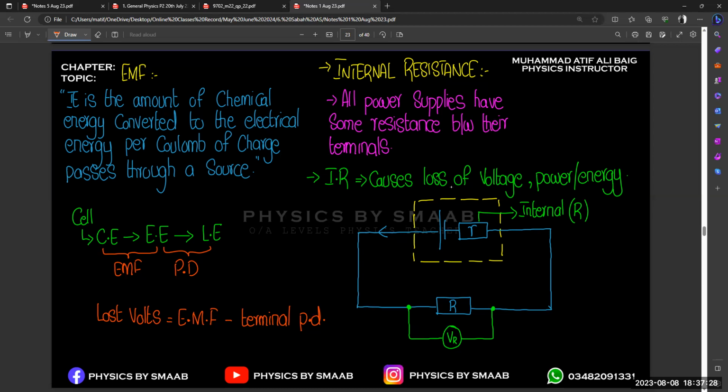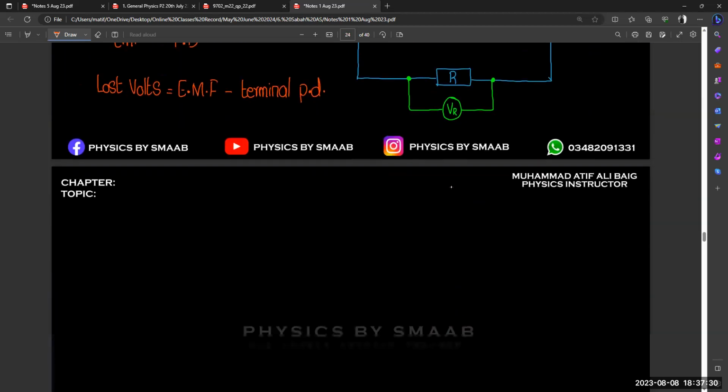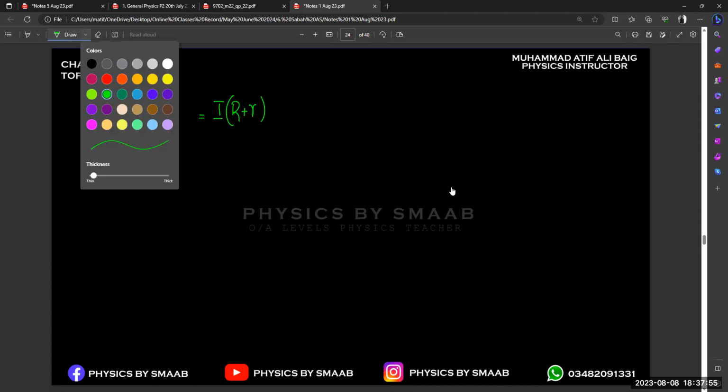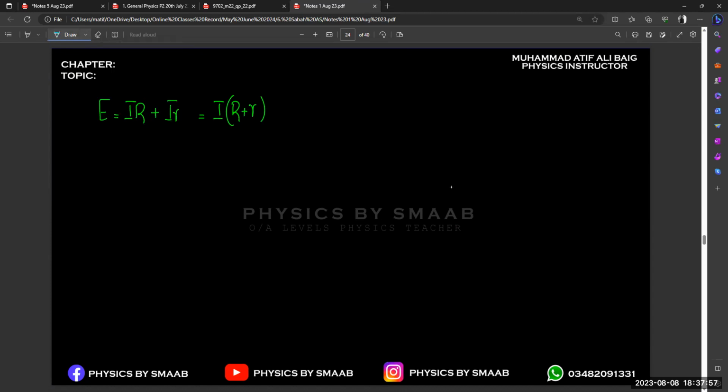Your final equation for this internal resistance will look like this: E equals IR plus Ir, or we can simply write it by taking I common: E = I(R + r). So E is the EMF.